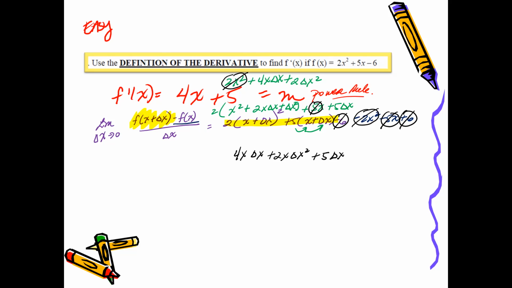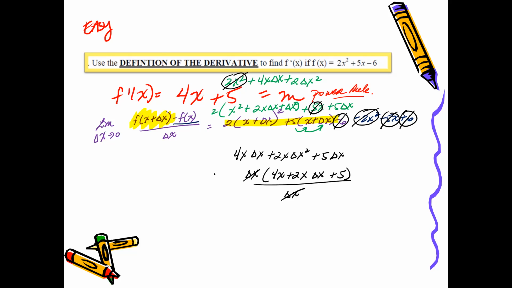So then I can go ahead and factor out the delta x. So delta x is out, 4x plus 2 delta x plus 5, all the way over delta x. So that cancels.